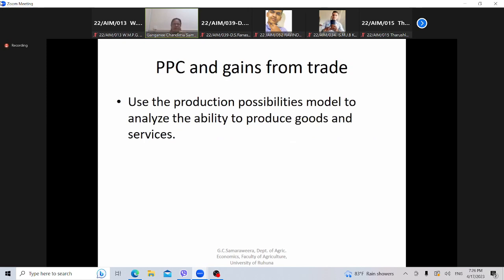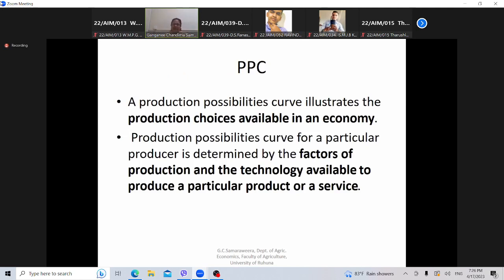Now we will see how to use the production possibility model, or production possibility curve, or production possibility frontier, to analyze the ability to produce goods and services while gaining from trade. We know the production possibility curve shows the production choices available in the economy. Let's say we have basic inputs.